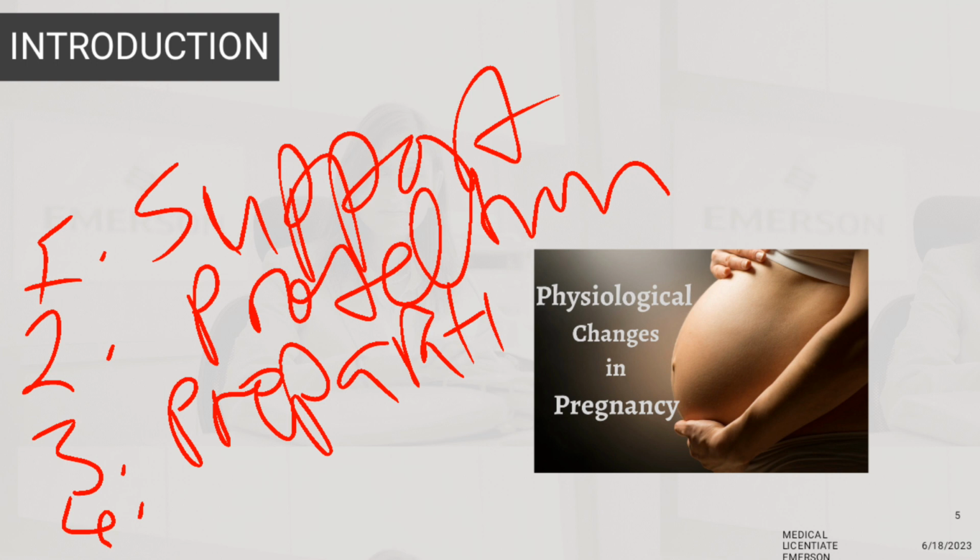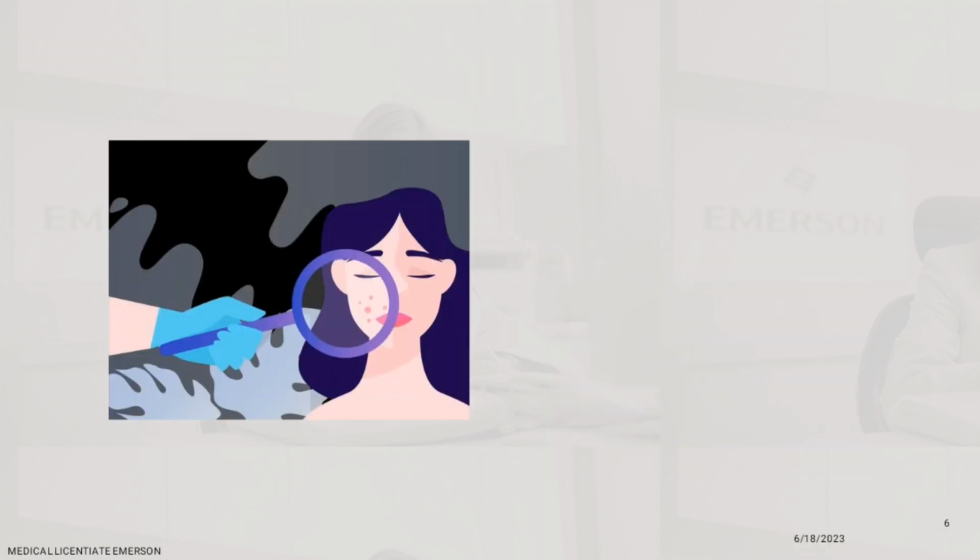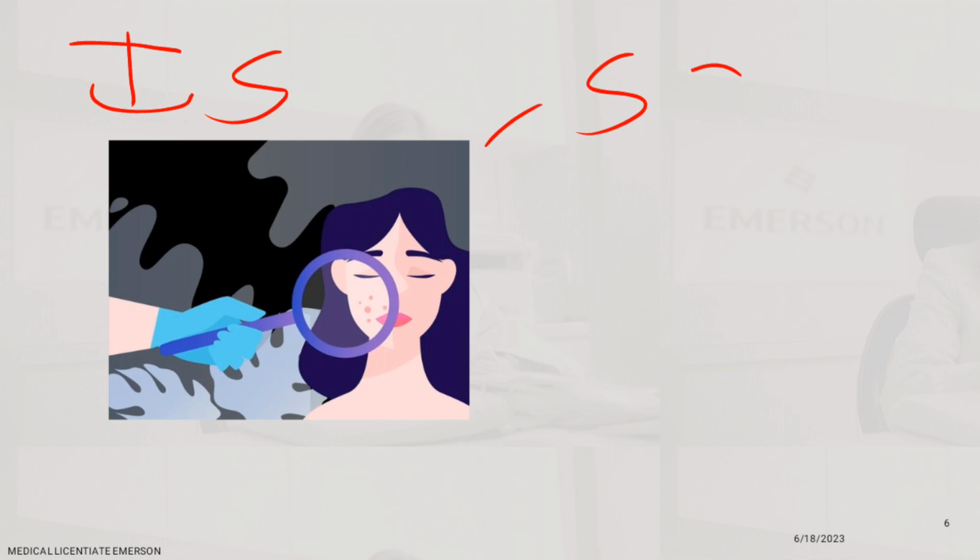Okay. Then we have to talk about the changes per system, how they occur. On the integumentary system, we find that there will be striae gravidarum, which are just stretch marks due to excessive collagen breakdown.